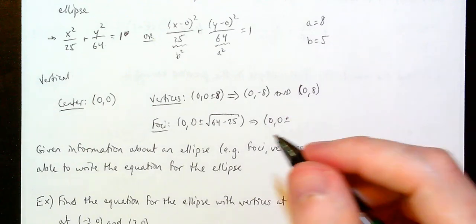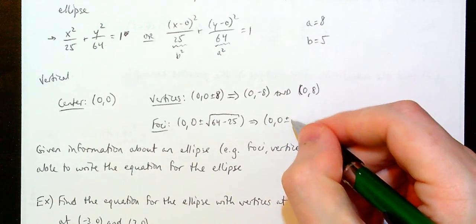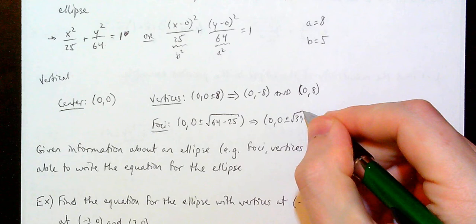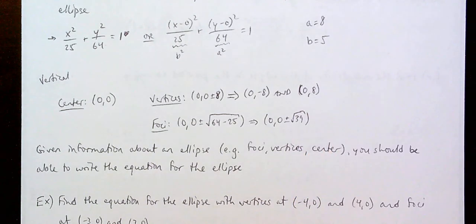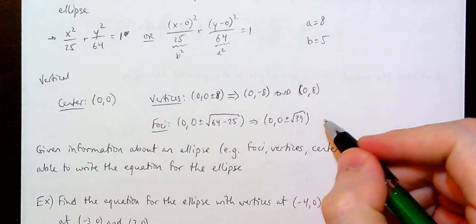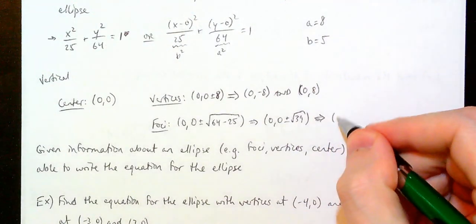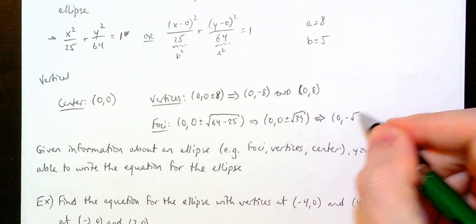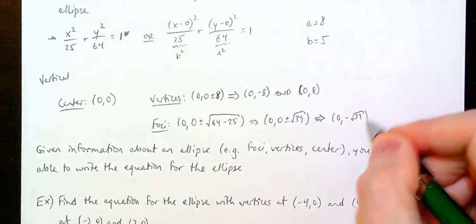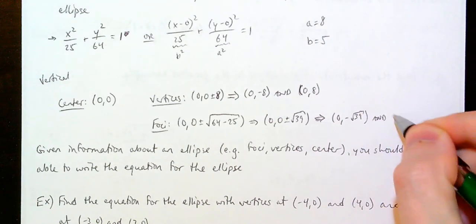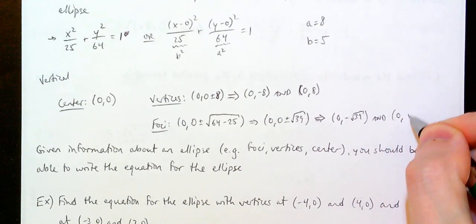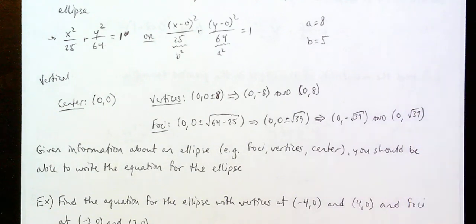And 64 minus 25 is 39. So this gives us our two foci, 0, comma, minus the square root of 39, and 0, comma, plus the square root of 39.